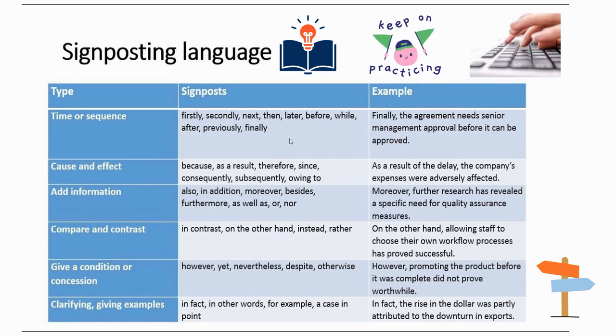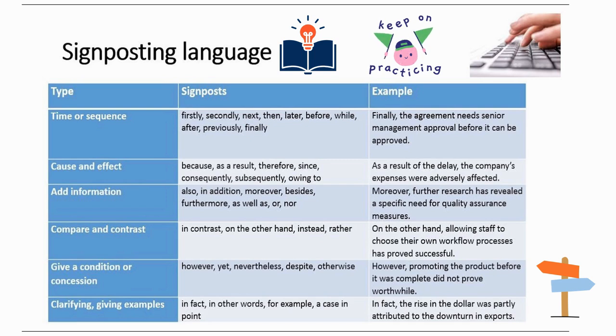So here we are mentioning different points. We cannot write one, two, three, four, five in a passage, right? We have to present it in a very academic way. So we'll write firstly this happened, secondly this happened, and finally this happened. In conclusion, I agree that this was the scenario.